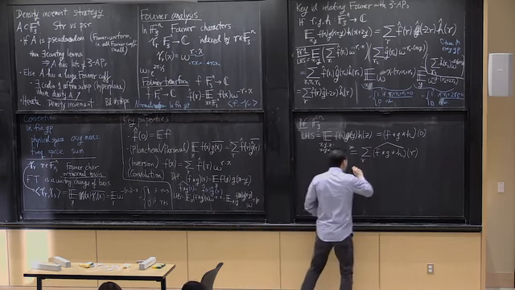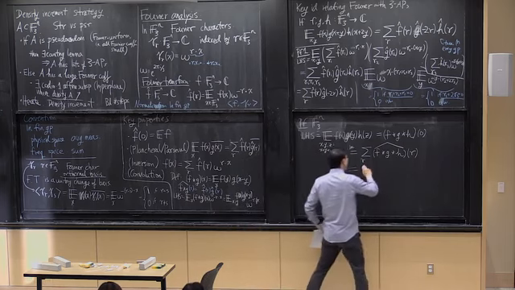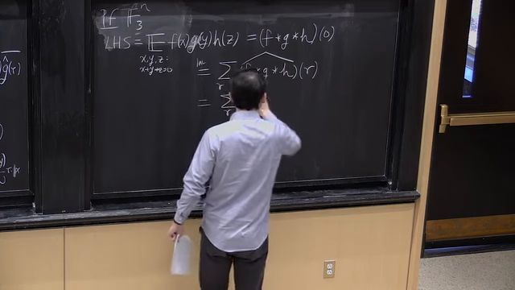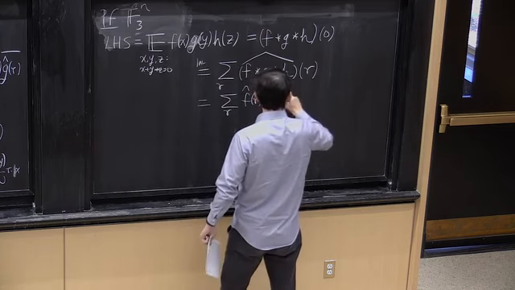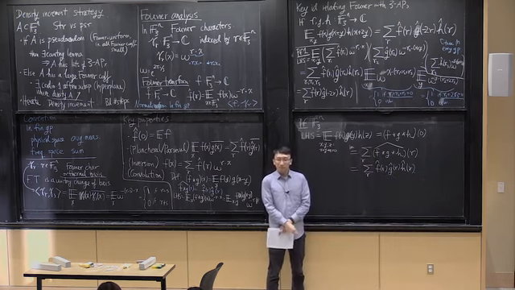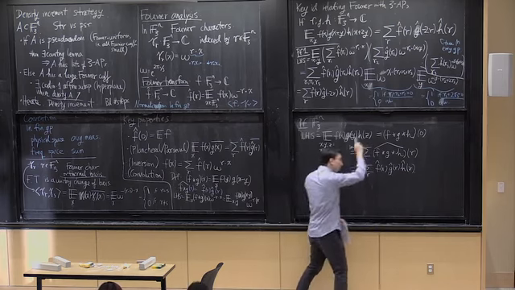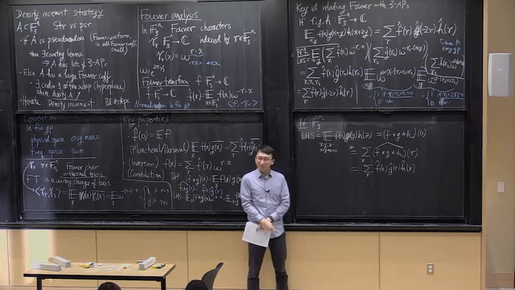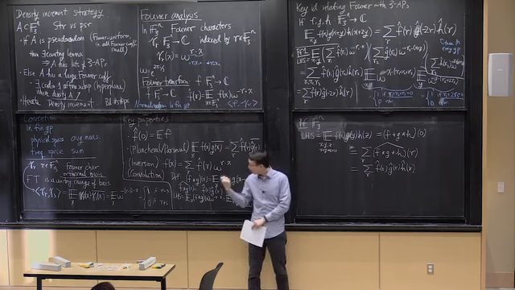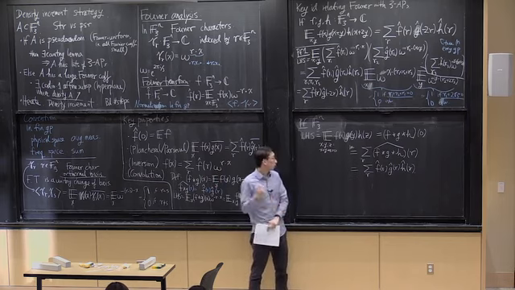But now, by the identity that relates the Fourier transform and inversion, you have that. Okay. And that's the proof, right? Because minus 2r is the same as r. So it's shorter because we're using some properties about convolution.